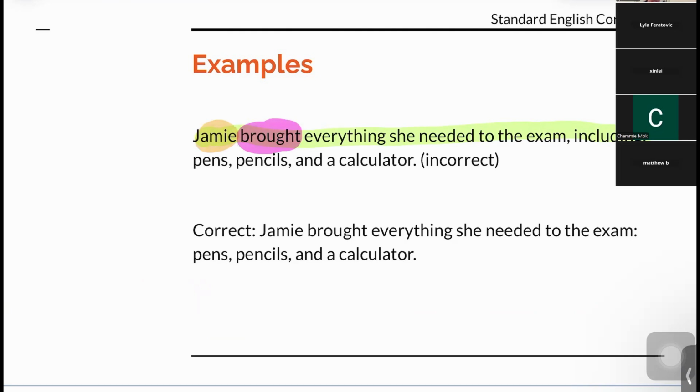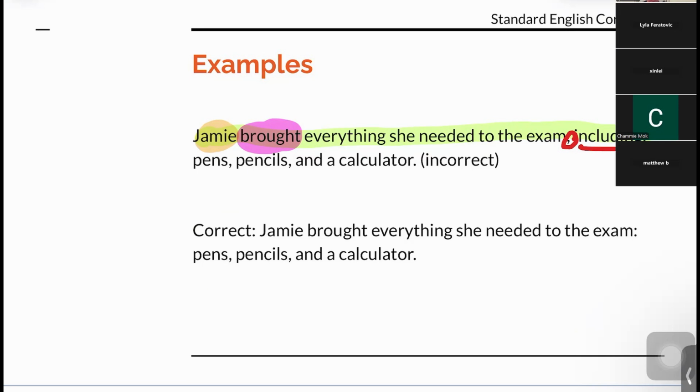So that part works. But notice this comma creating a whole new clause before the including. Including is not an independent clause, so putting a colon after a dependent clause doesn't work. So even if you have an independent clause somewhere before a colon, it has to be specifically immediately before the colon. So in this case, even though there is an independent clause in the sentence, it doesn't work.